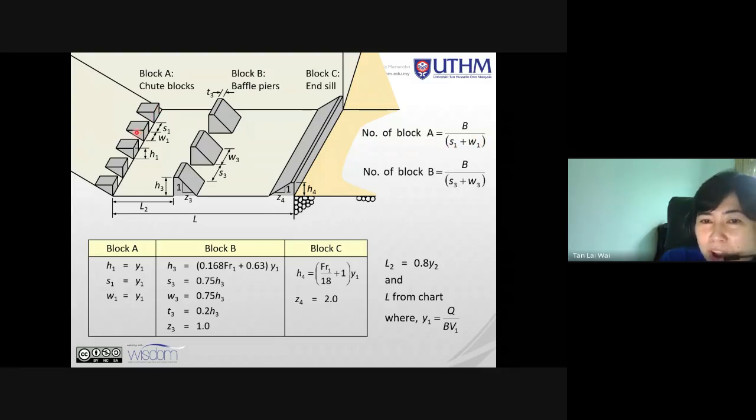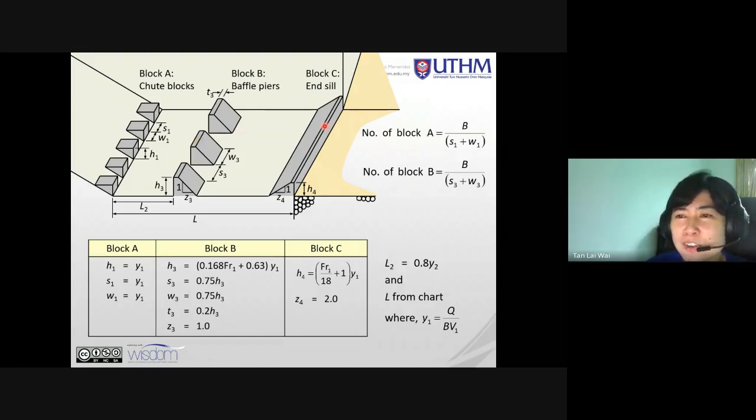Therefore, we will know how many blocks we can fit within this width. A similar formula is used to calculate the number of block B. So we have B divided by S3 plus W3, which gives us the quantity of block B.